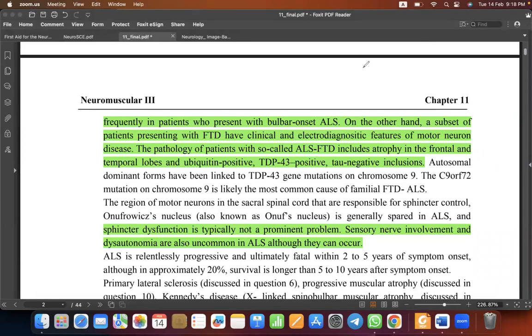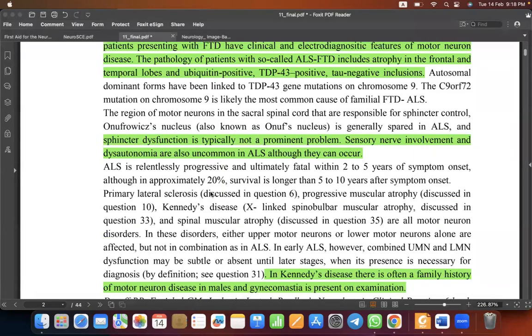Amyotrophic lateral sclerosis is progressive, first of all. Second important thing is that it can be fatal within 2 to 5 years of the onset. The most important thing is that approximately 20% survive longer, more than 5 to 10 years from the symptom onset.